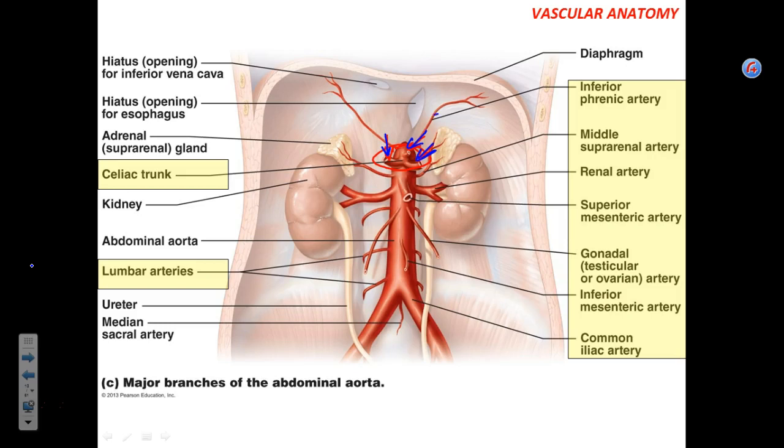You have two phrenic arteries, which are incredibly important. Why? What do they supply? Phrenic. They bring blood to the diaphragm. It's a pretty big muscle, and you need it to work all the time. So it requires blood flow.